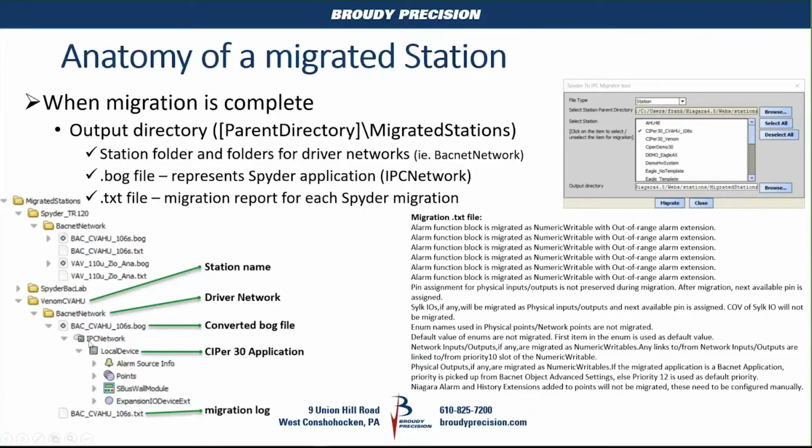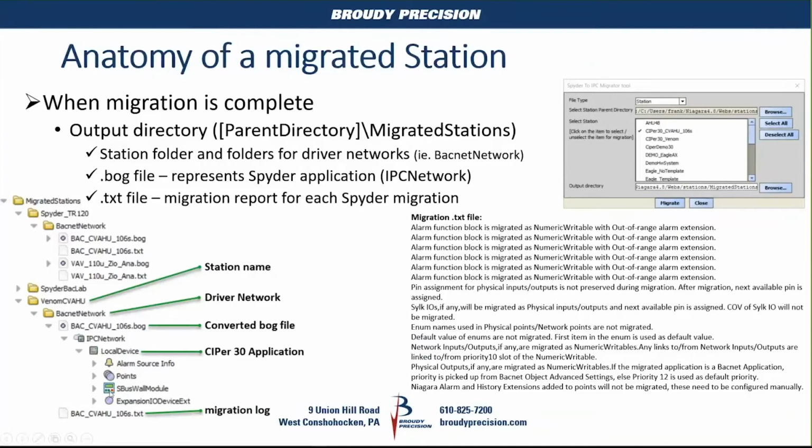Remember, this is the IP controller network, the CIPer 30 network. Under there is your local device, which is where your CIPer 30 application is, and then you have points, which is where the folders are for the actual application components.